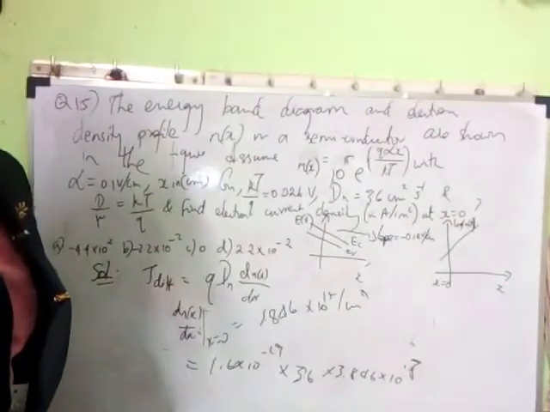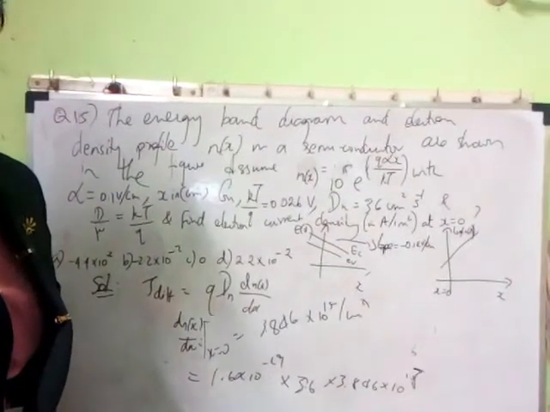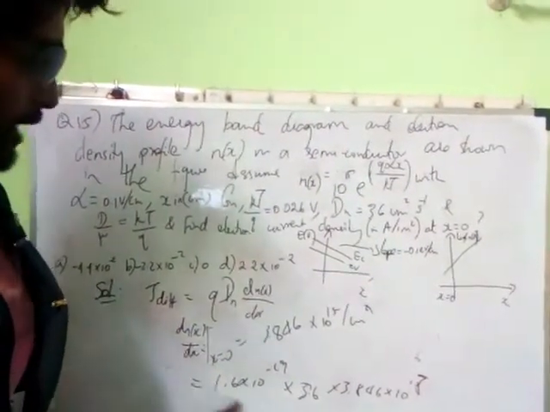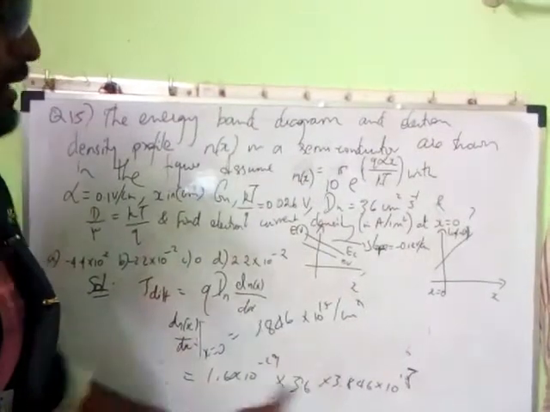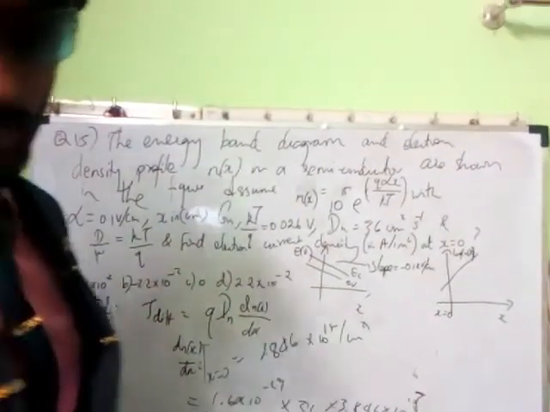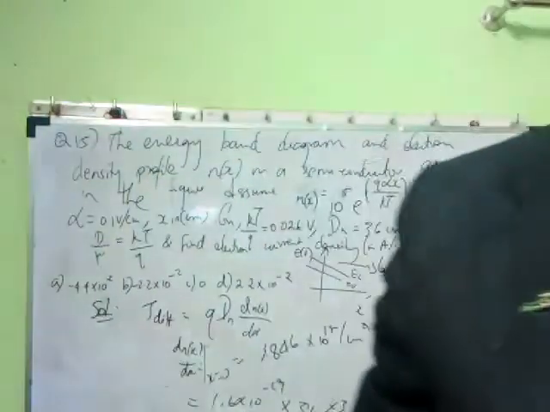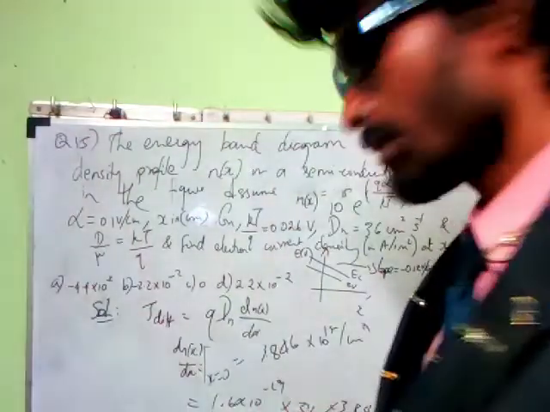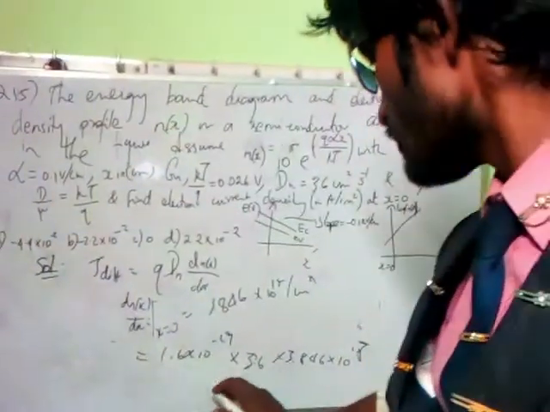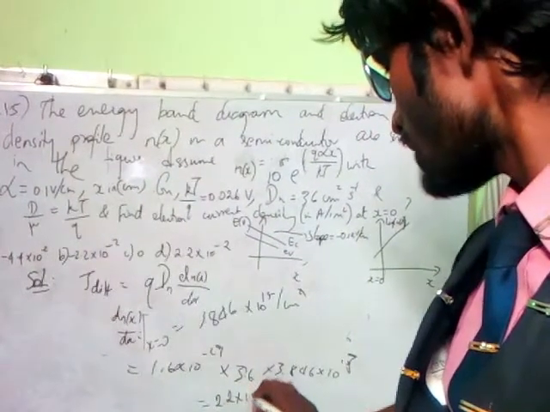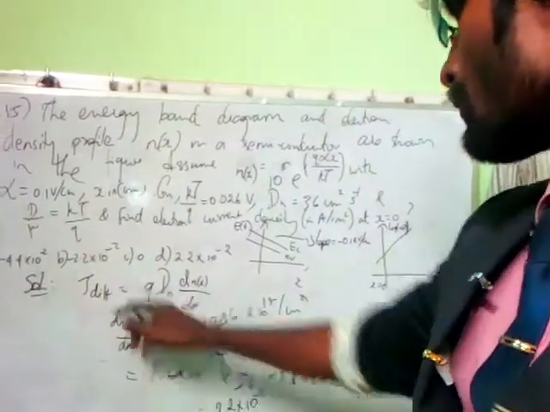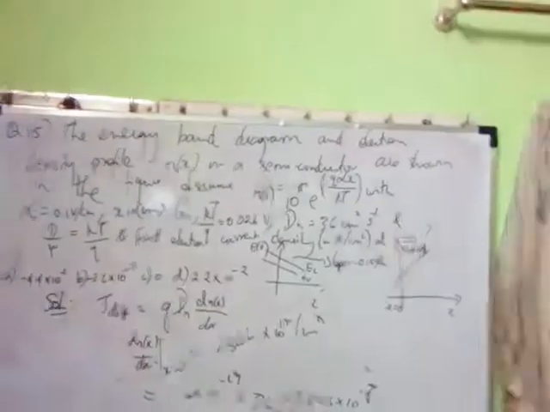If you follow me very clearly, you can have the good answers. You just do the calculation. Finally, if you do the multiplication, the answer is 2.2 into 10 power minus 3. So for J, we go for this V per centimeter, no problem.